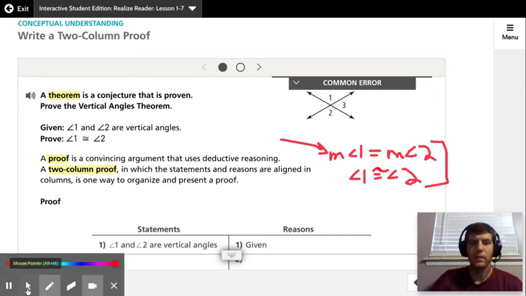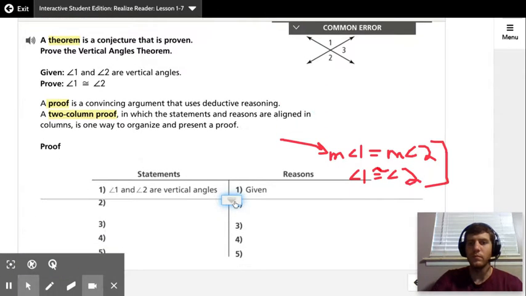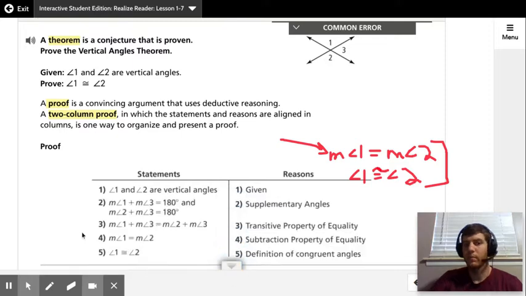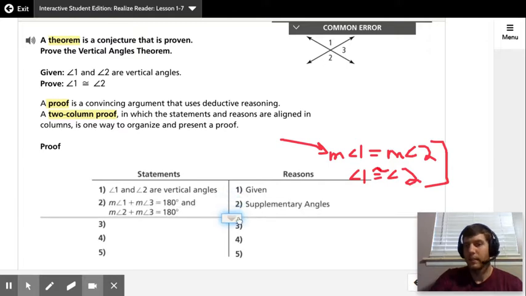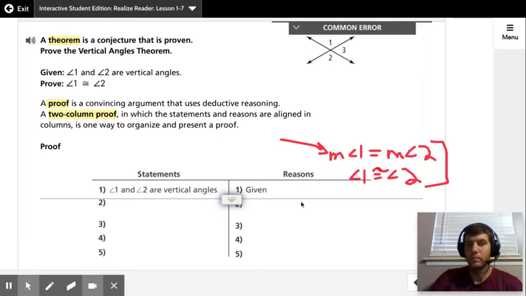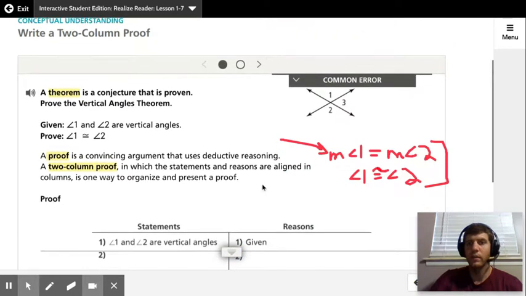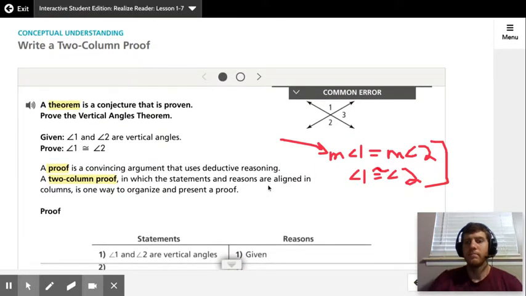If I were to look ahead, I could show you, yes, this is exactly how it's going to end. We have to do other steps to get there. Let's see how we can do that. If we take a peek at what they did, they use supplementary angles. There are many different ways to do this.